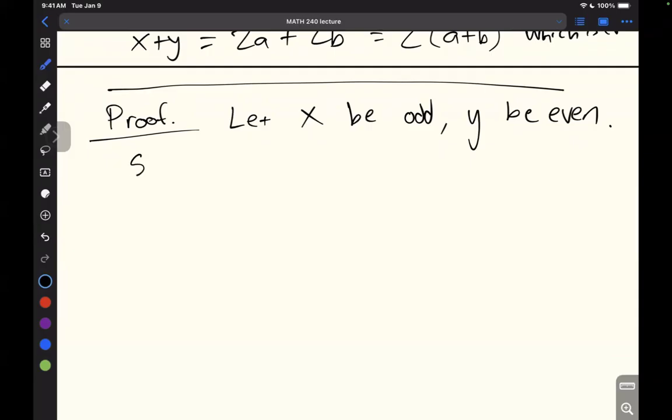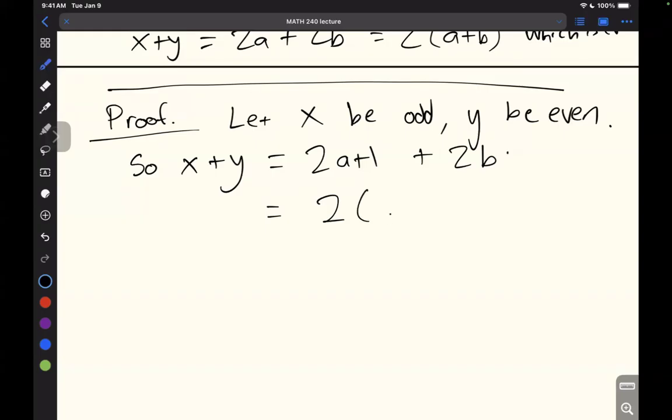And so X plus Y is equal to, let's say X is odd, so 2A plus 1 plus 2B. And then this is going to be 2 times (A plus B) plus 1.